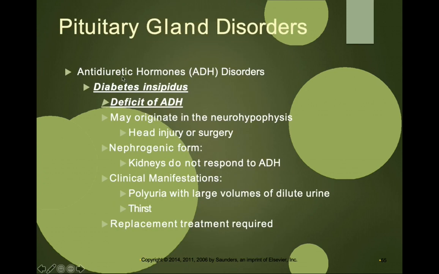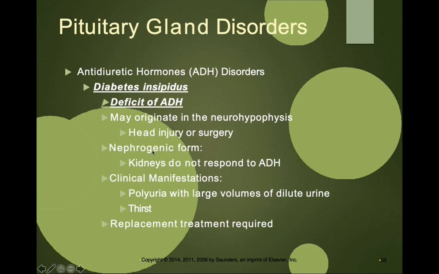Now, when there's an issue of the posterior pituitary, remember diabetes insipidus, this is a deficit of antidiuretic hormone. This originates in the posterior pituitary or the neurohypophysis, and this can result from head injury or also surgery.